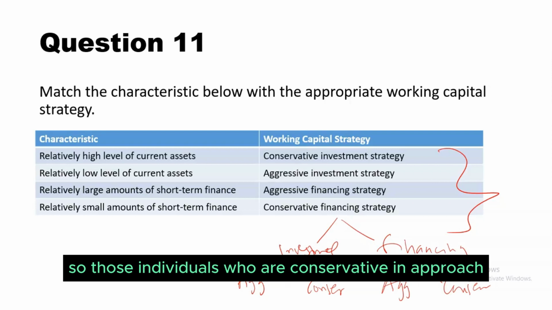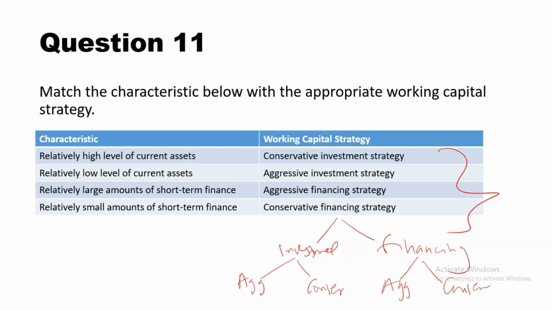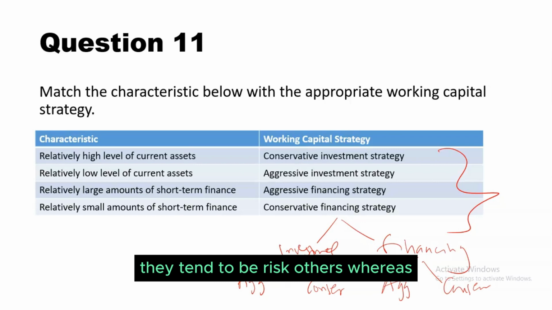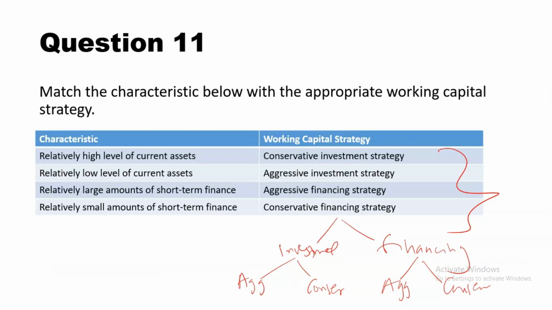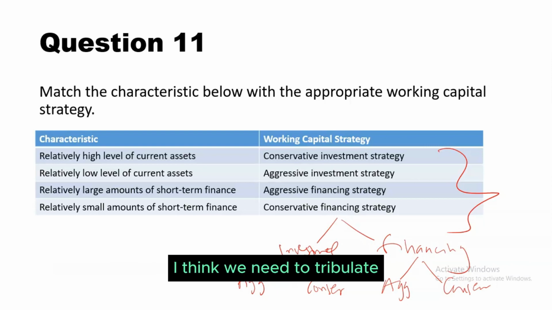Individuals who are conservative in approach tend to be risk averse, whereas aggressive ones accept more risk. I think we need to tabulate the background of these theories.